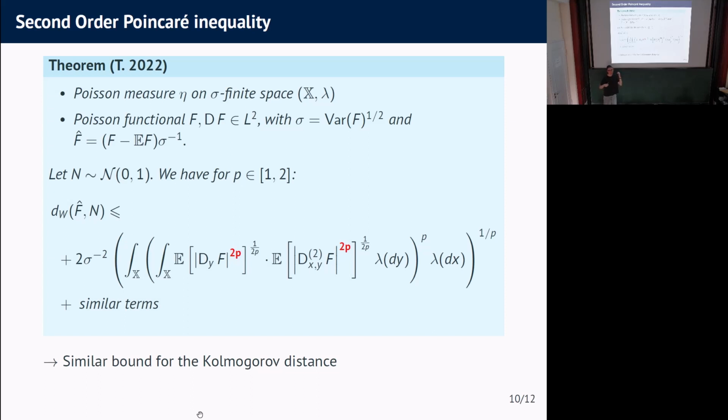So you have to abandon the Hilbert space structure. So in fact, if I have time, I will show you in the end that this comes from some new functional inequalities in Poisson space, which are necessary to prove this type of bound. Right. There is a similar bound for the Kolmogorov distance as well as before, just it's much more involved. The proof is about twice as long, and there are about twice as many terms to deal with, but it's fairly similar.